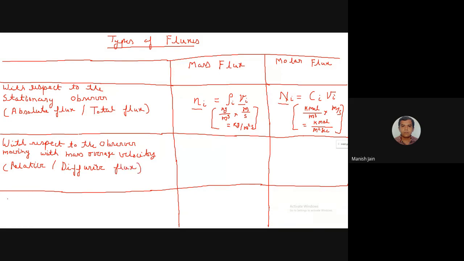And with respect to the observer moving with the molar average velocity, that is also relative and diffusive flux, but with respect to the molar average velocity.